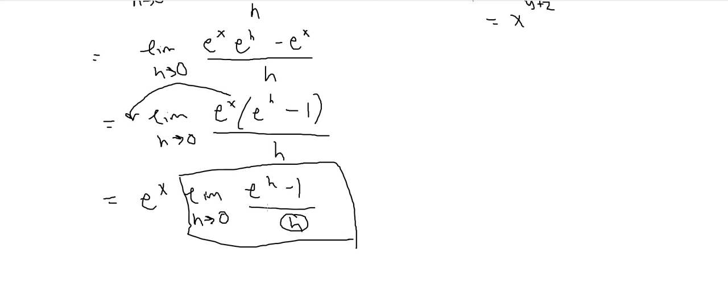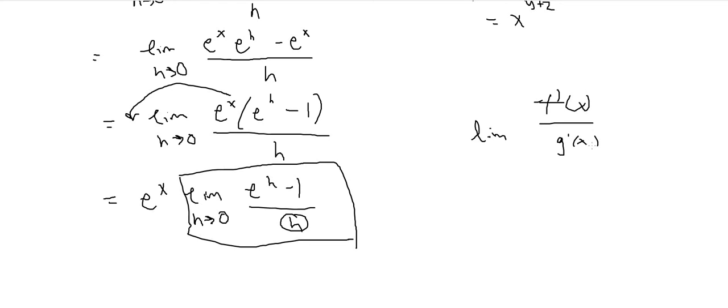So there's something called L'Hopital's rule, and essentially it says that if you have a limit of some function, the equivalent limit would be f prime of x over g prime of x.